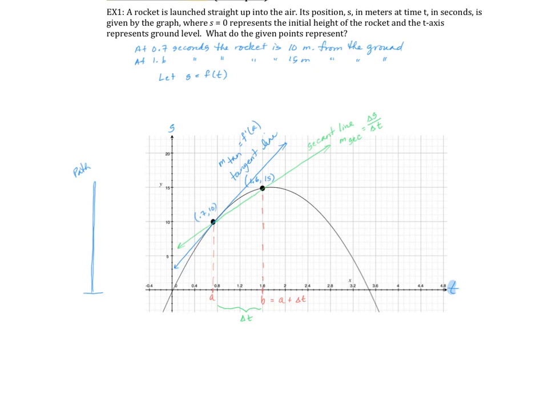Now this point A corresponds to a y value on the graph, which is our f of A. And since B is the point A plus delta t, the y value that corresponds is f of A plus delta t.